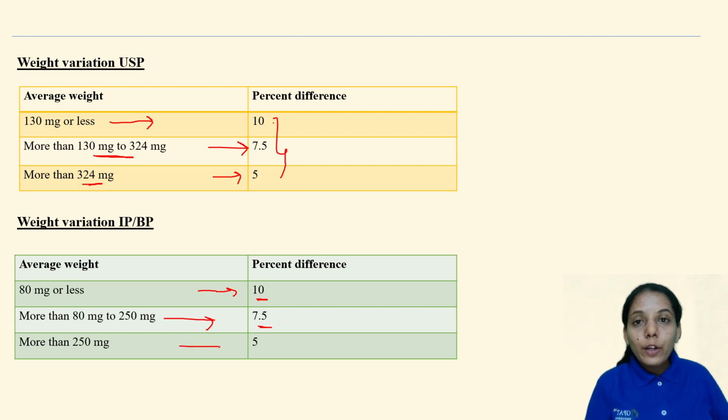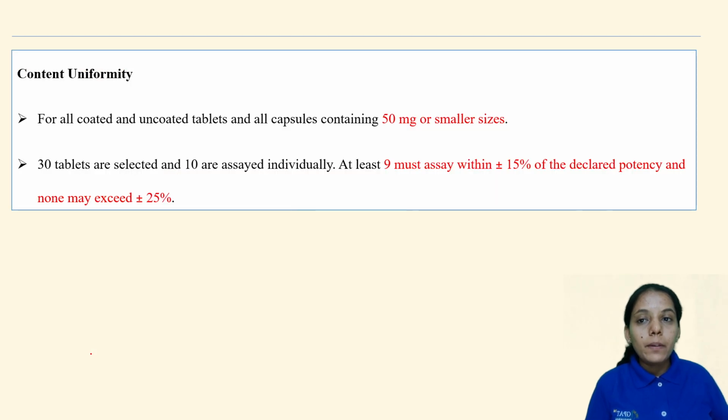And if it is more than 250 mg, then the percent difference between individual and the average tablet should be less than 5%. So the percent difference is the same for USP and IP/BP. The only difference is about their weight: here it is 130, here it is 80, and the highest is 324, here it is 250. This is the difference between USP and IP/BP.